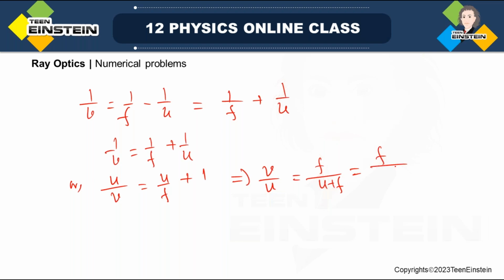So f divided by u is 3 by 5f, plus f. So this will be f divided by 8f by 5. So v by u is something like 5 by 8. So this is actually the magnification. Okay, 5 by 8.